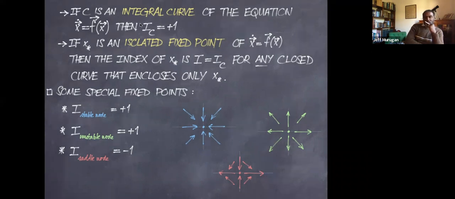And you can imagine that the vector field is some flow of a fluid on a plane. A stable node is one where if I put a leaf on that fluid, say, if it's water flowing, then it flows toward the fixed point anywhere that I choose to place the leaf, right? So the stable node is a sink in the fluid flow.